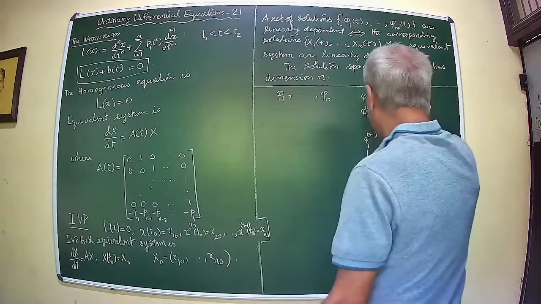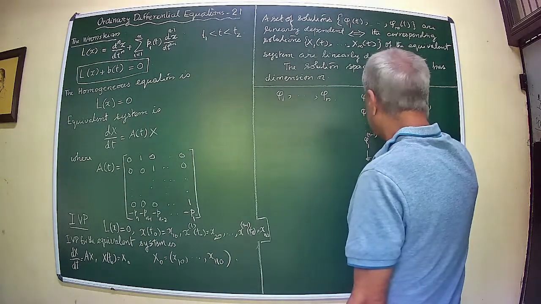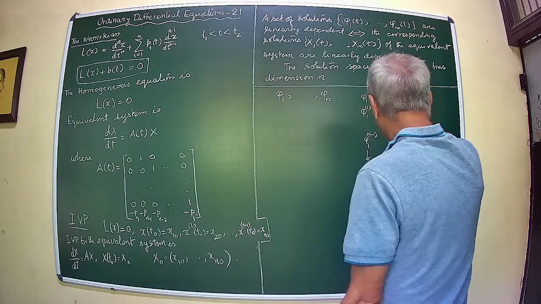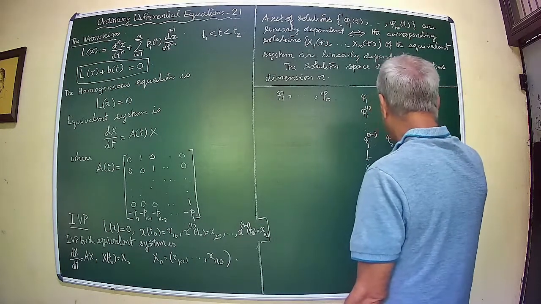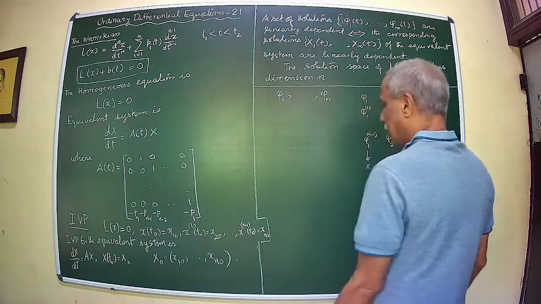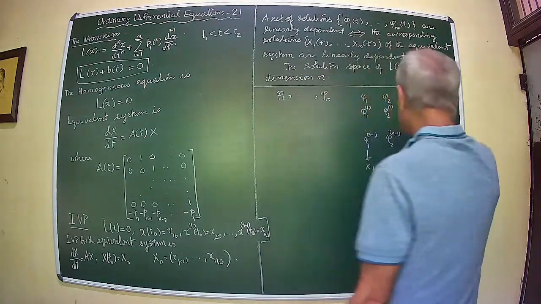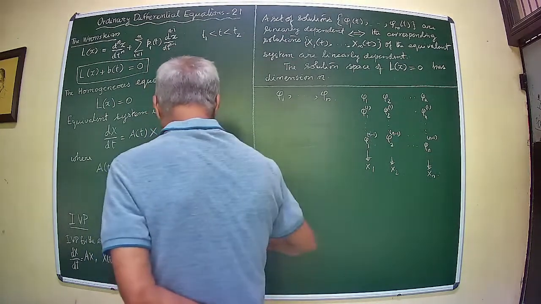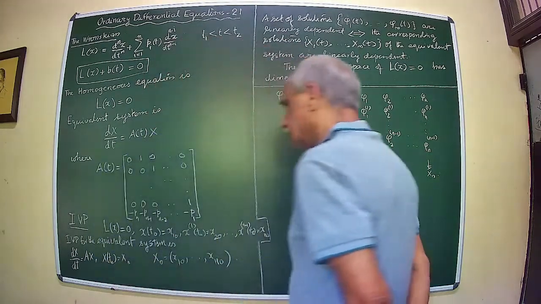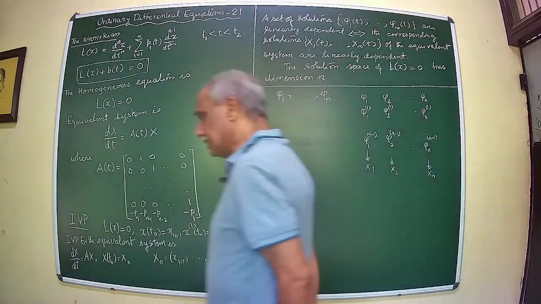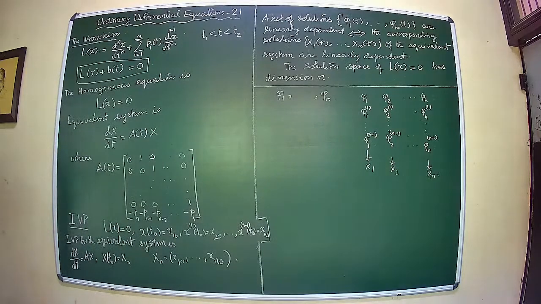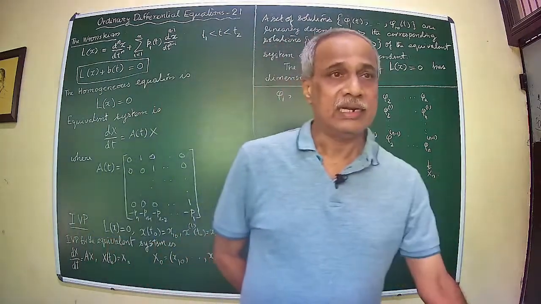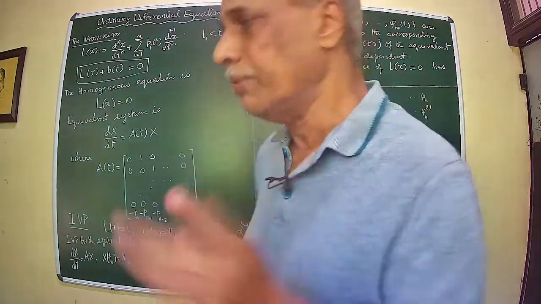The initial conditions are phi i t0, phi i derivative t0, etc., phi i n minus first derivative at t0, which is what you call the initial data. So once you choose the n linearly independent vectors and use them as the initial data and get the corresponding solutions of the homogeneous equation, then they are linearly independent and they form a basis.